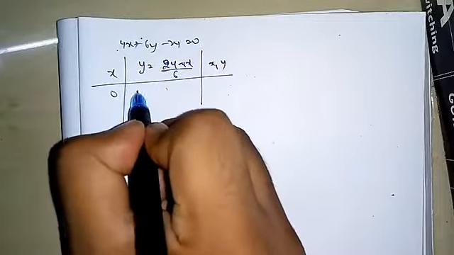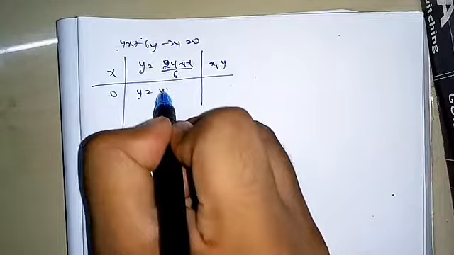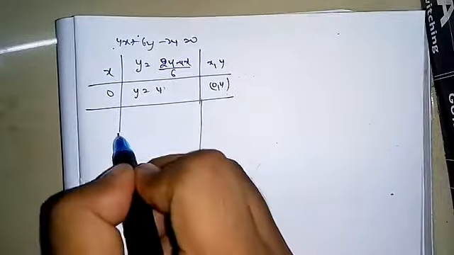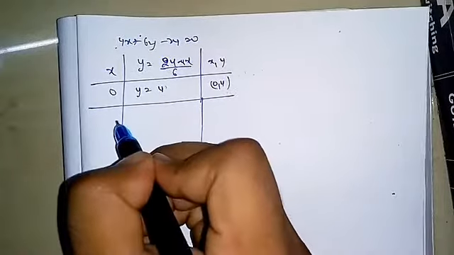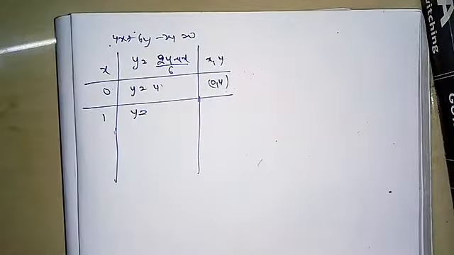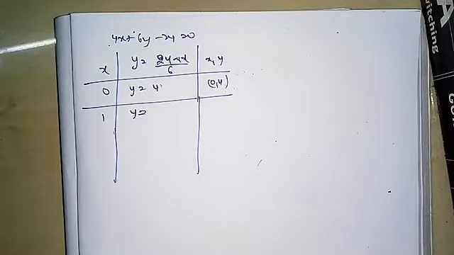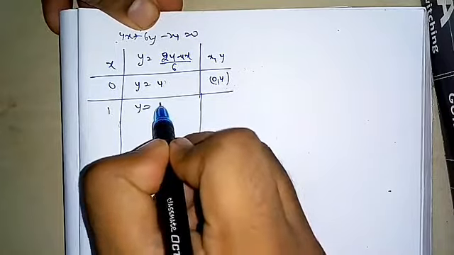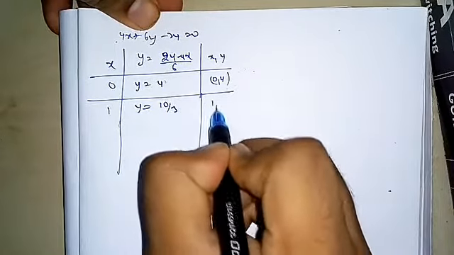For x equal to 0, y will be 24 by 6, 4. 0 comma 4. For x equal to 1, y will be 24 minus 4 is 20 by 6, 10 by 3. So 1 comma 10 by 3.